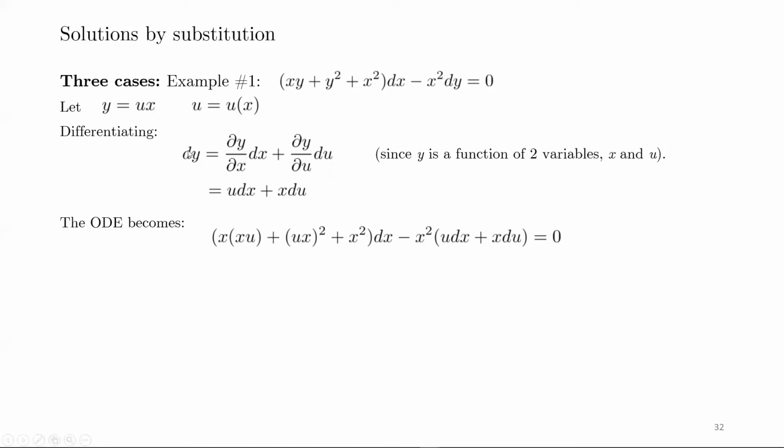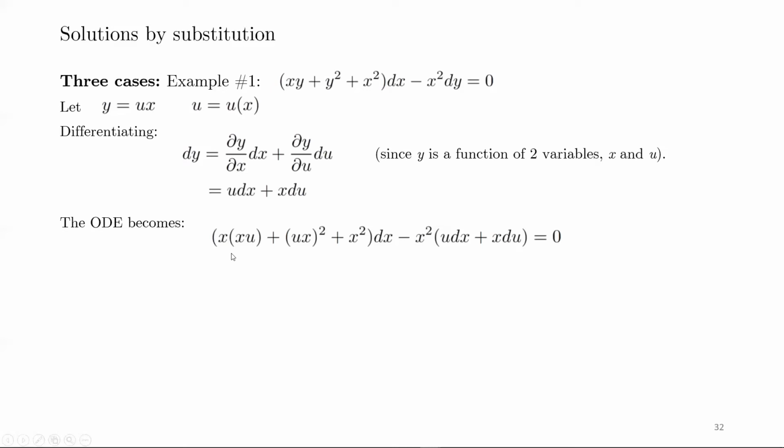And we can use this dy in our ODE. So any place we see dy, we can replace it with u times dx plus x times du. And any place we see y in the original differential equation, we can replace the y with u times x.